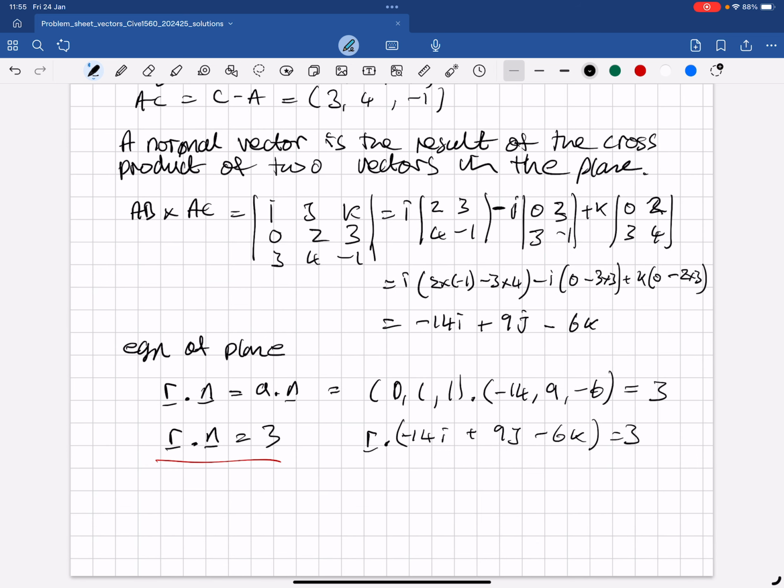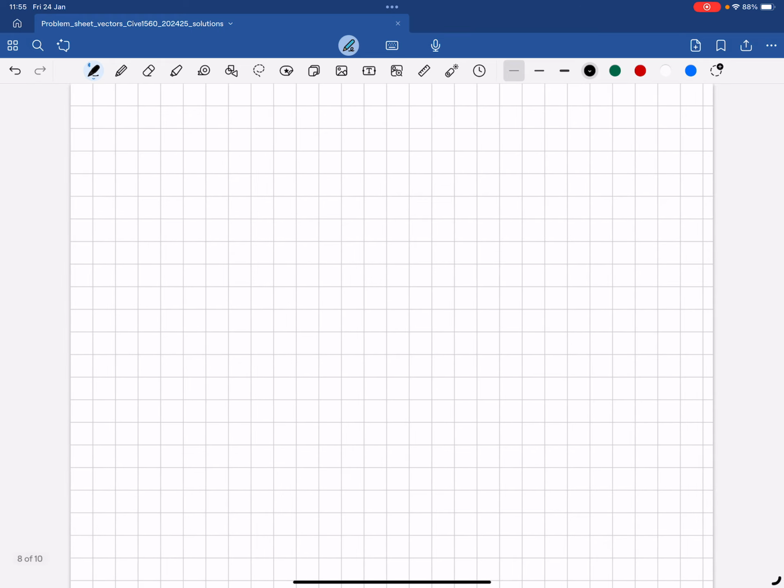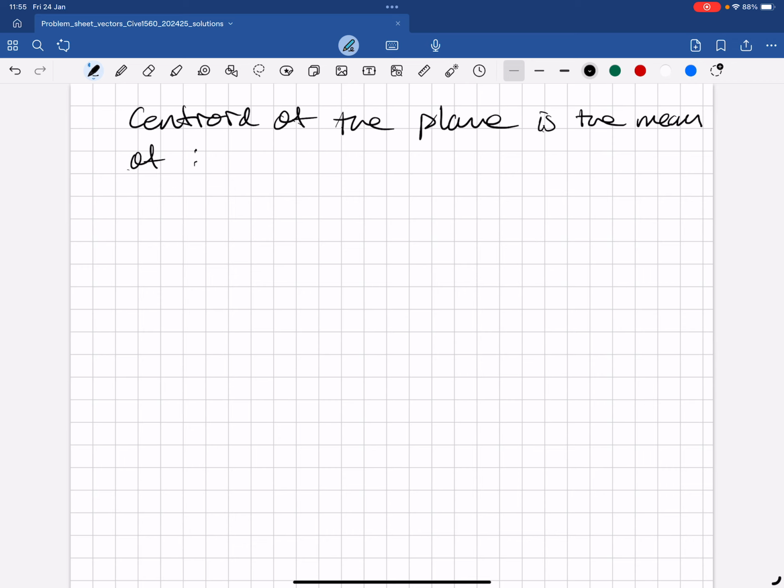So we need to find the equation of a line leaving the centre of the triangle going outwards. I'm going to move on to a new page here. The centroid of the plane is the mean of each coordinate.